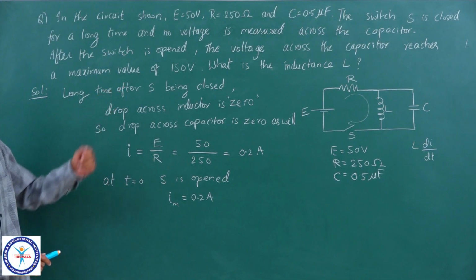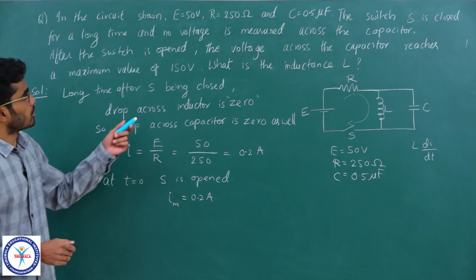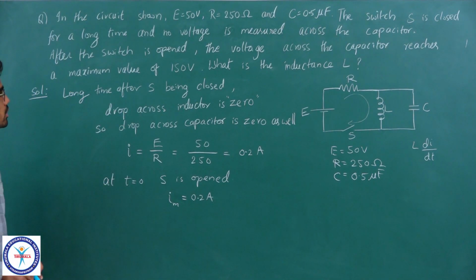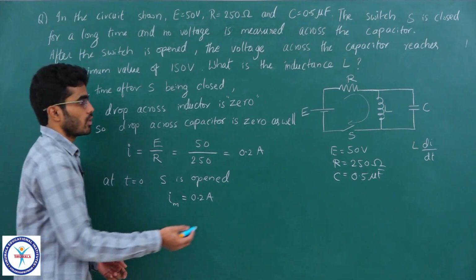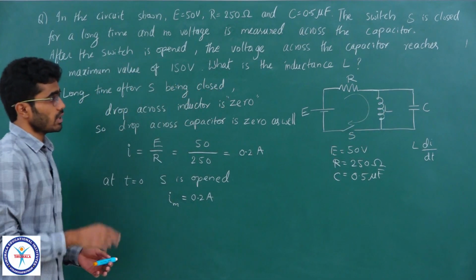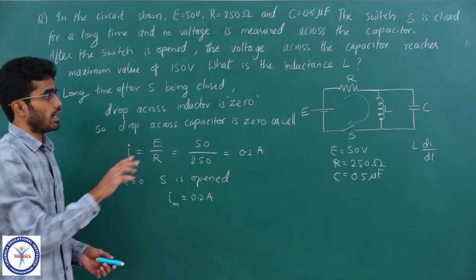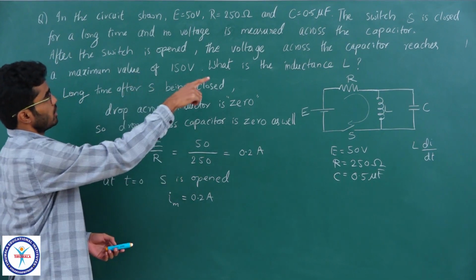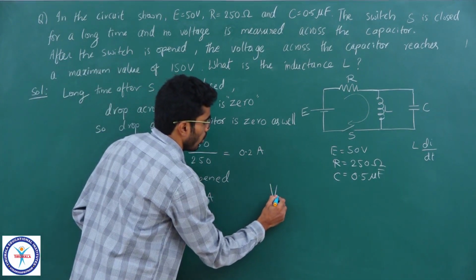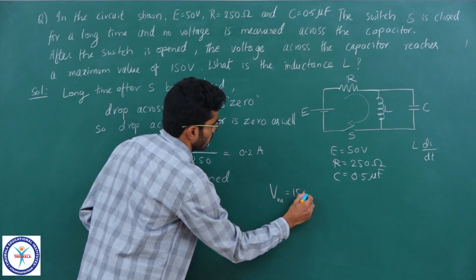Now, the idea is the voltage across the capacitor reaches a maximum value of 150 volts. Now, after some time, when the energy is transferred to the capacitor, it will store some charge, and at that instant the potential drop across the capacitor is measured to be 150 volts.